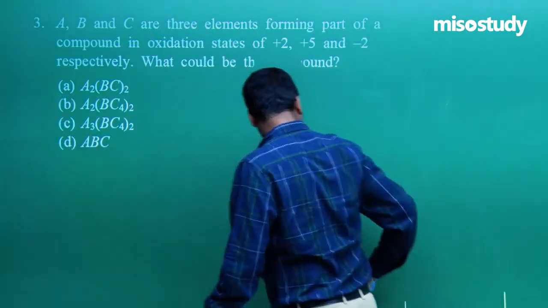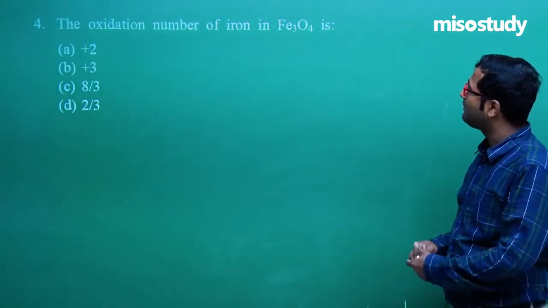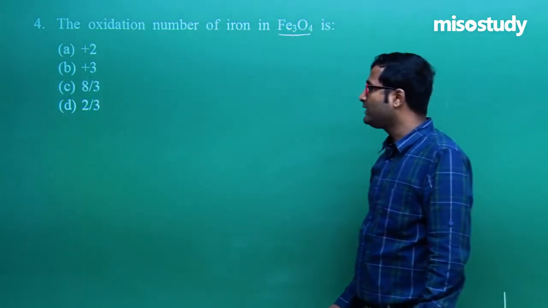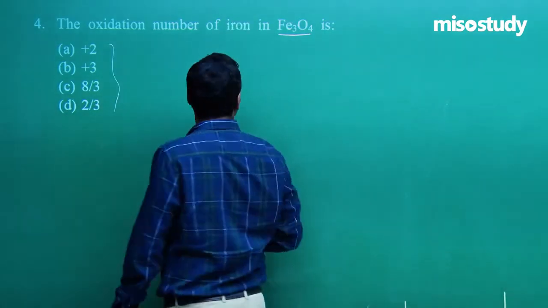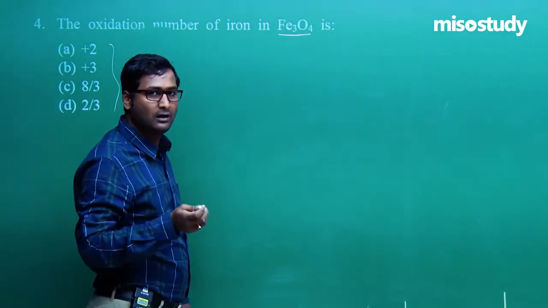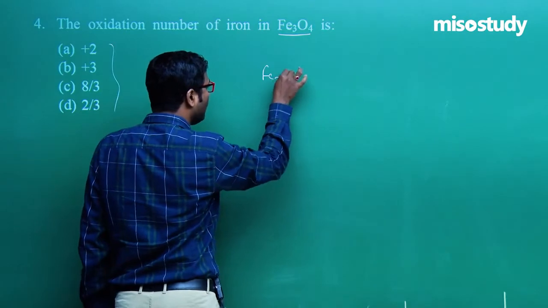Wait for a moment. Now, the next question is the oxidation number of iron in Fe3O4. According to the options, first of all we have to check the options and we'll get the answer. How to solve? As we know, Fe3O4.